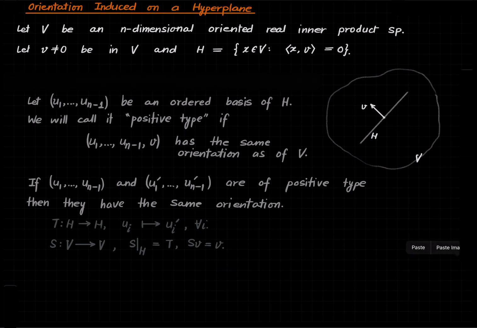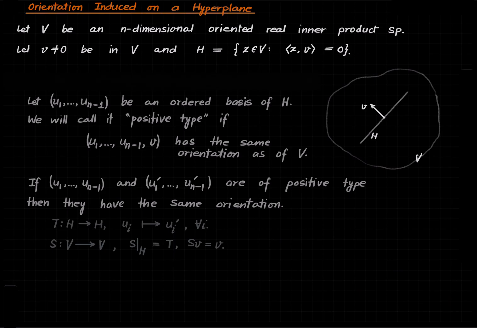All of these are linear maps. This is a linear map, this is a linear map, and the definition of T is given by this, because there's a unique linear map which does this, and similarly for S. We are saying that on H, S behaves just like T, and it fixes v. Now, since these are of positive type, we know that the determinant of S is positive.